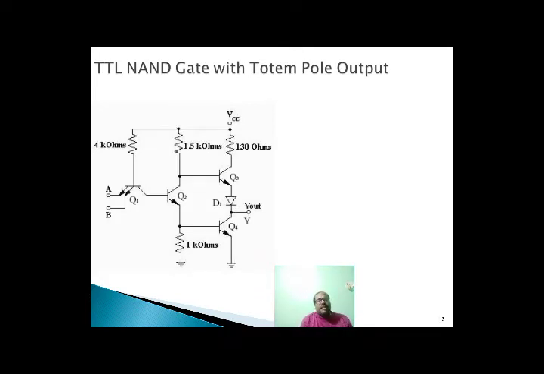It is the diagrammatic explanation of the TTL NAND gate with totem pole output. Once again I am repeating.